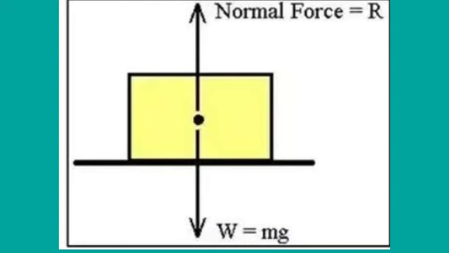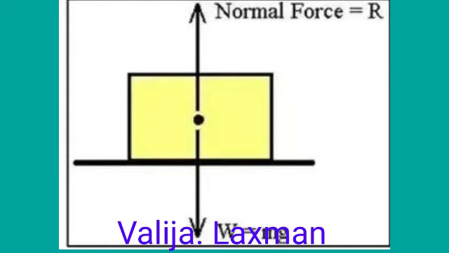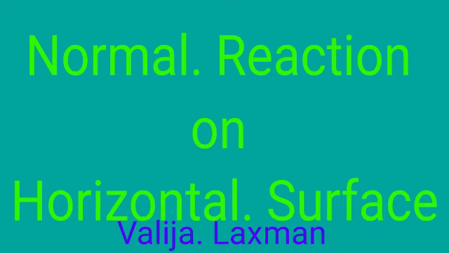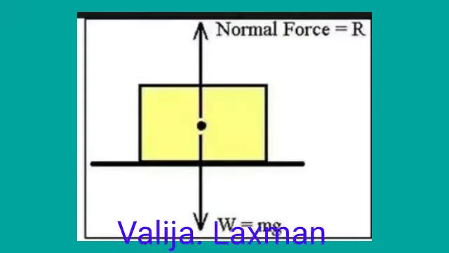Now, in order to continue the further topics, first we are taking a body resting on a horizontal surface. Whenever the body is resting on the horizontal surface, we already know that the weight of the body will be acting in the downward direction, that is mg. That is also called gravitational force. And to balance this gravitational force, the imaginary force acting in the upward direction is called normal reaction.